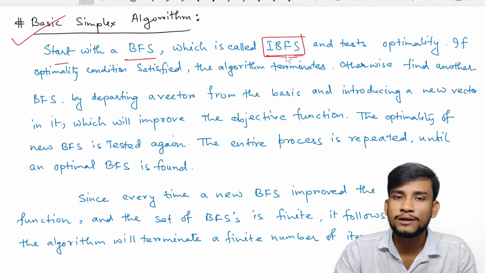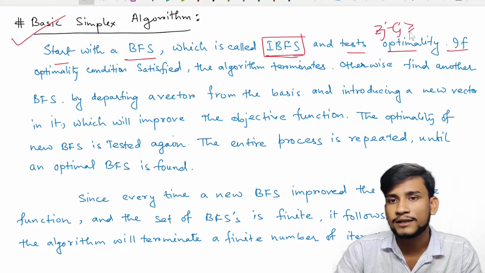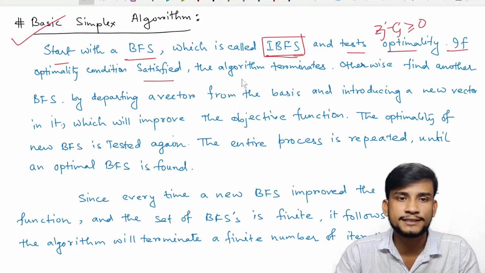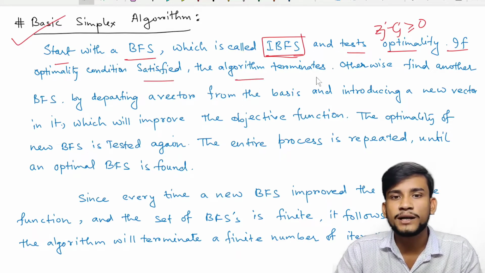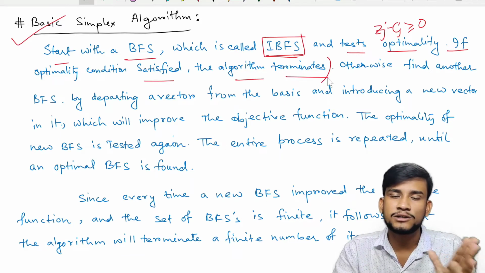How can we choose the IBFS? We discuss this later. Then test the optimality condition, that is zj minus cj greater or equal to 0. If the optimality condition is satisfied, that is zj minus cj greater or equal to 0, the algorithm terminates, that is, the method terminates.